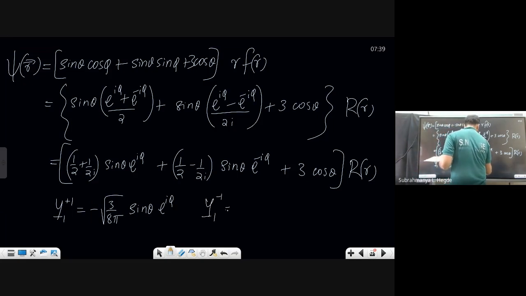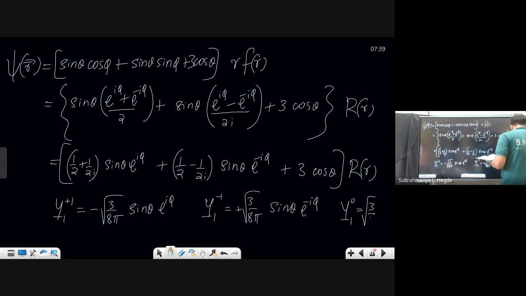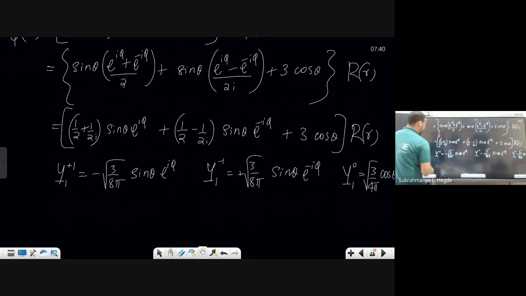Y1 minus 1 is equal to plus root of 3 by 8 pi, sine theta e^{-iφ}. And Y10 is root of 3 by 4 pi cos theta. You need to do that. Tell me if you find any other way.